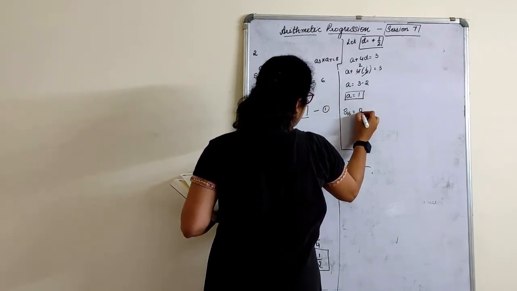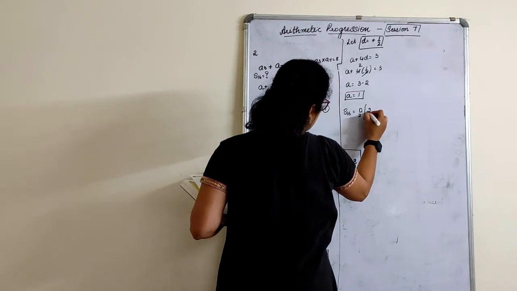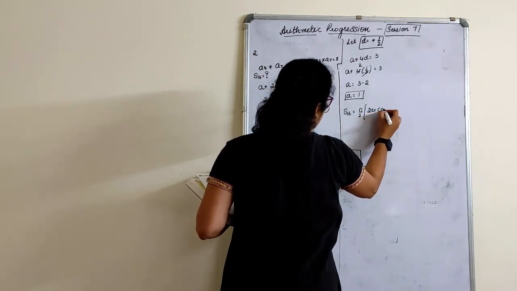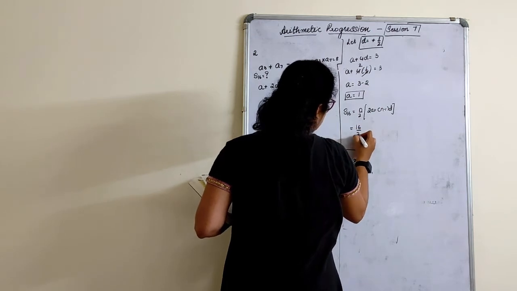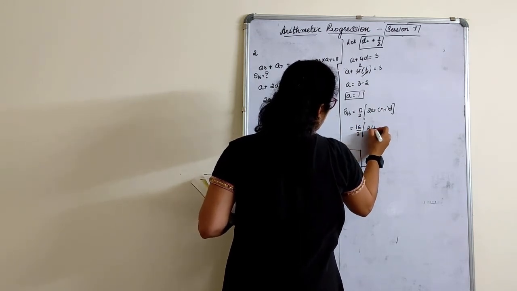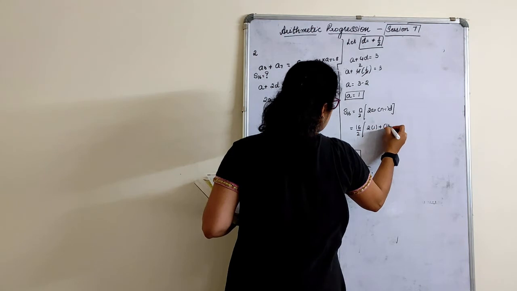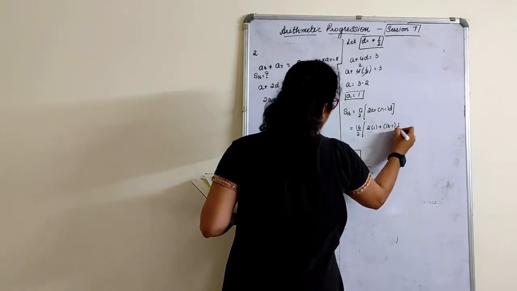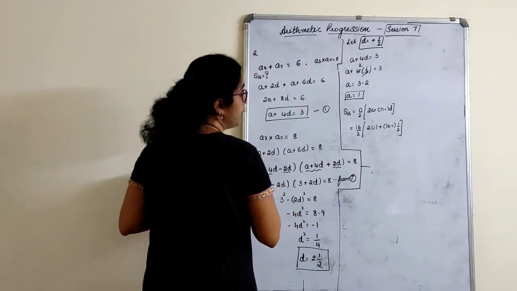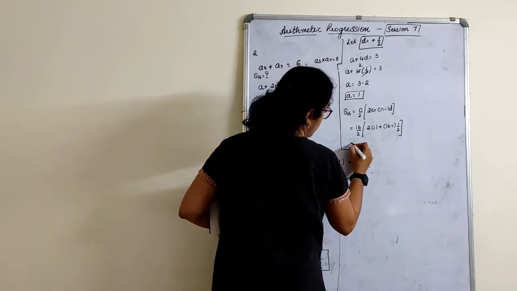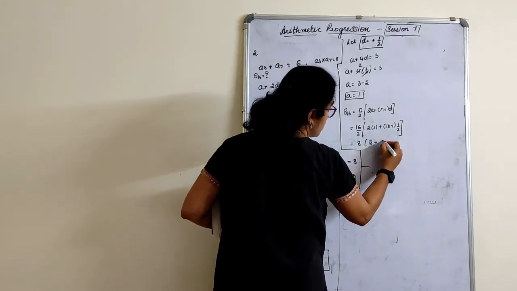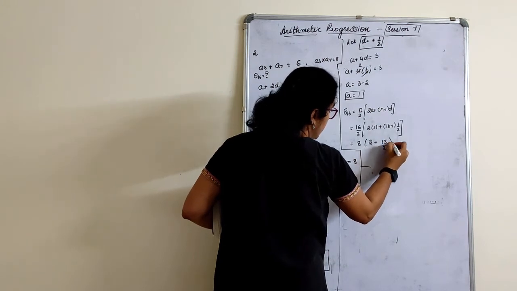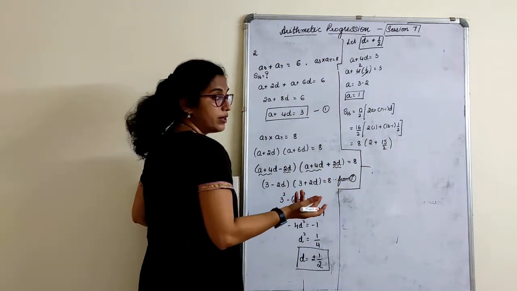S16 is equal to n by 2, 2A plus n minus 1 of D. 16 by 2, 2 into 1 plus 16 minus 1 of 1 by 2. D is 1 by 2. Next, 16 by 2 is 8. 2 plus 16 minus 1, 15 by 2. Please don't cancel the 2 ones out, 2 and 2 here.